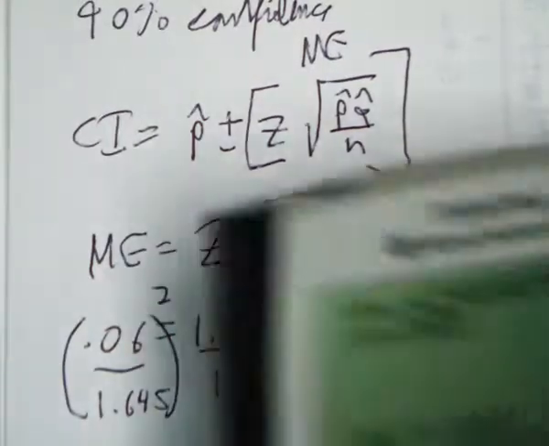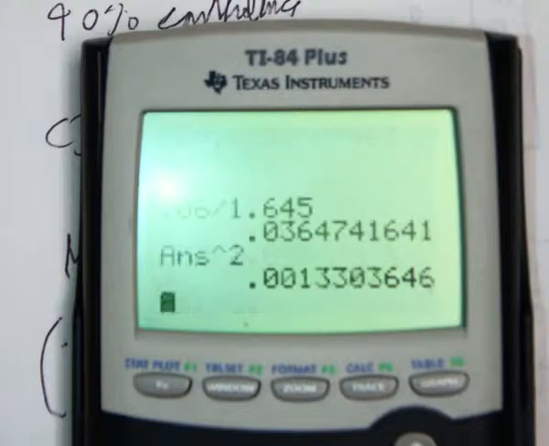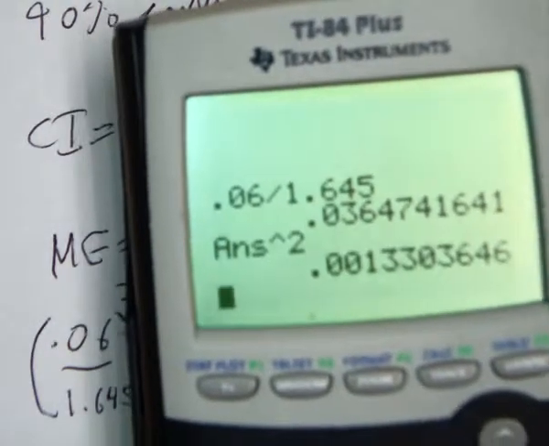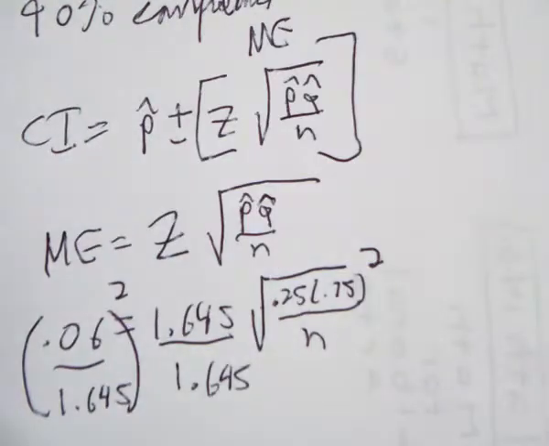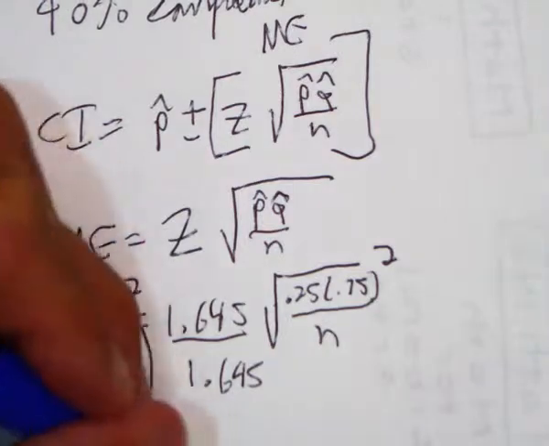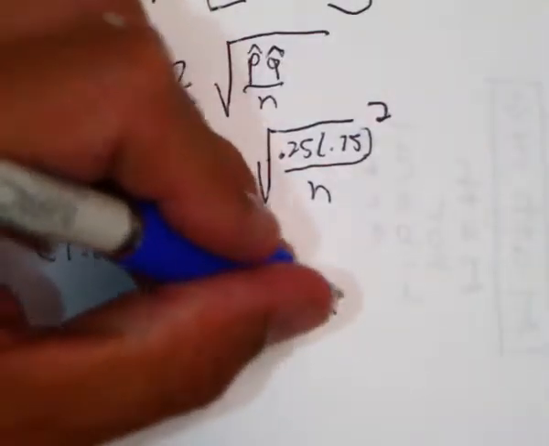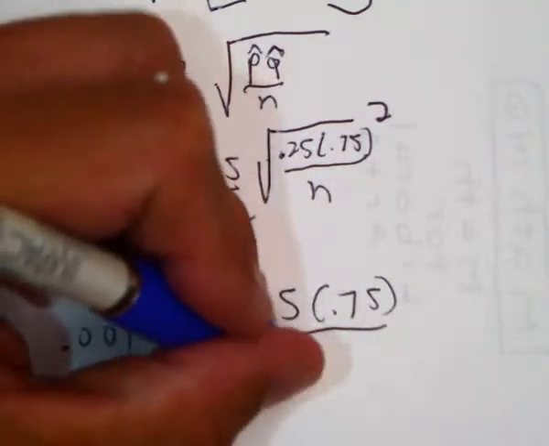I take this answer and square it, and I get 0.00133. And that equals 0.25 times 0.75 over n.